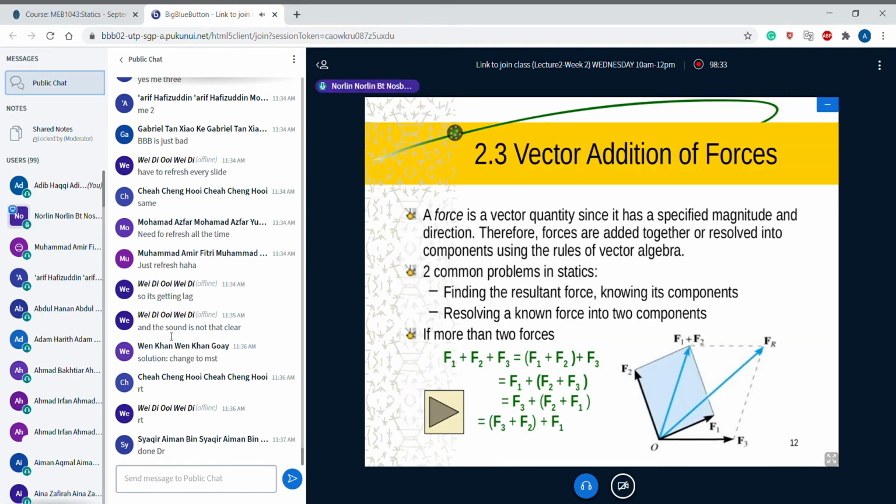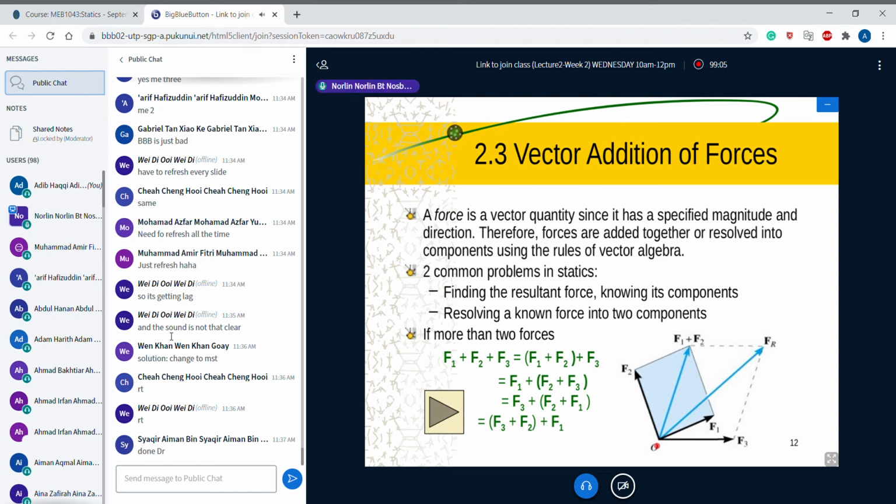Okay, now, for example, where there are three forces, which are F1, F2, and F3. If you can see here, there are a lot of forces at point O. To make it easier, you need to know the component.